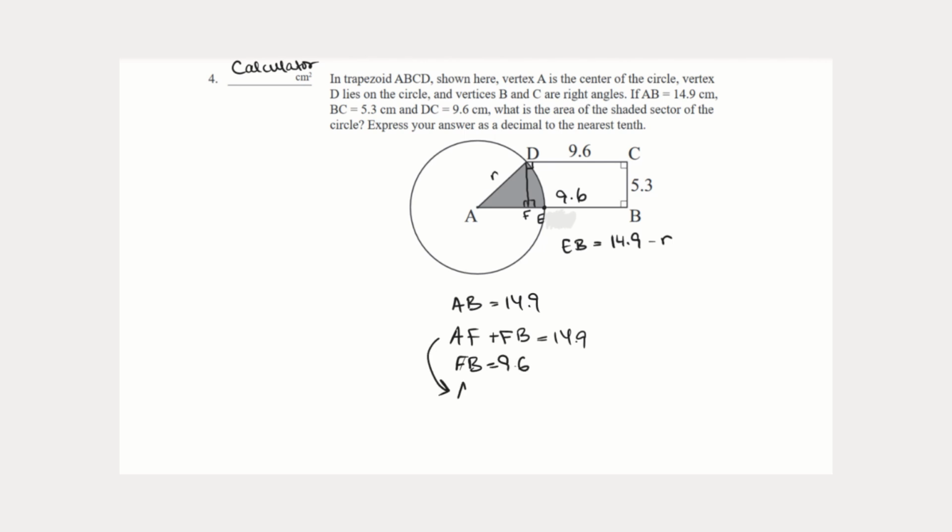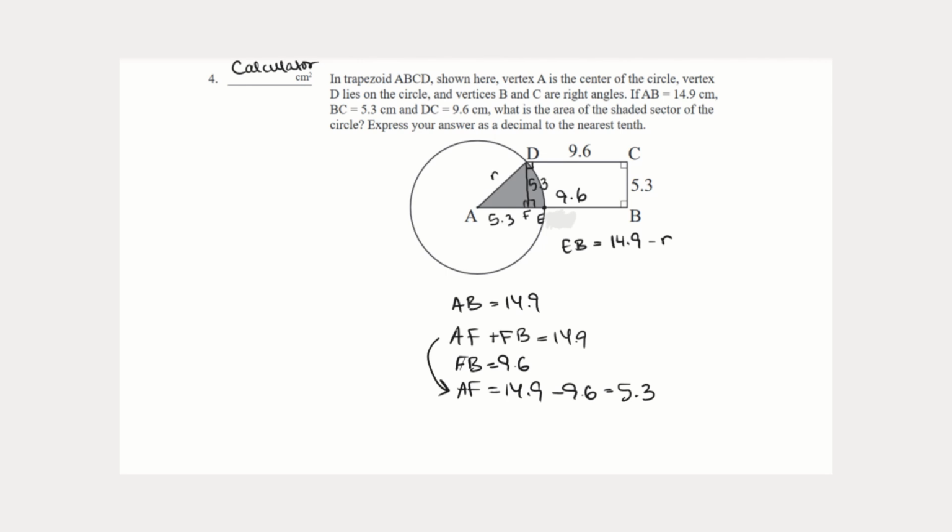So AF equals 14.9 minus 9.6 equals 5.3. So AF is 5.3, and DF is also 5.3.